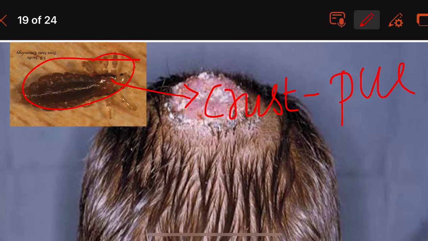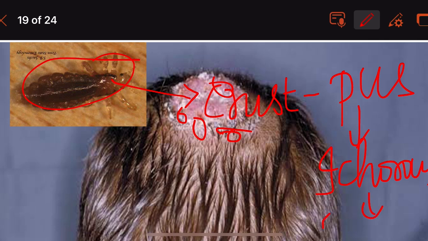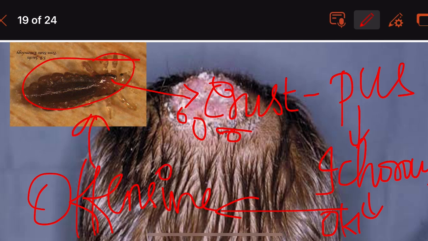Then the pus turns ichorous, acrid, and it starts burning like fire. It is ichorous, then turns offensive and starts breeding vermin in that area.